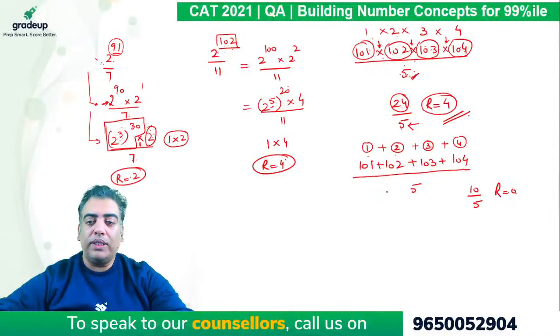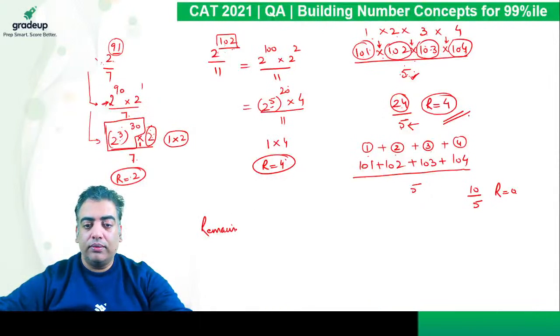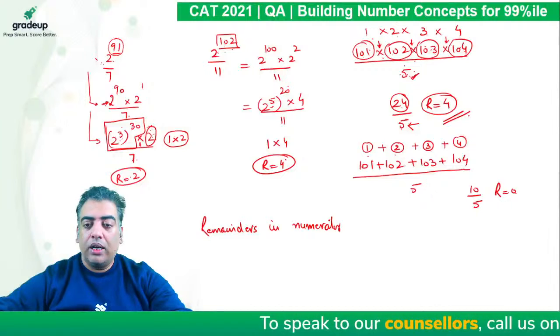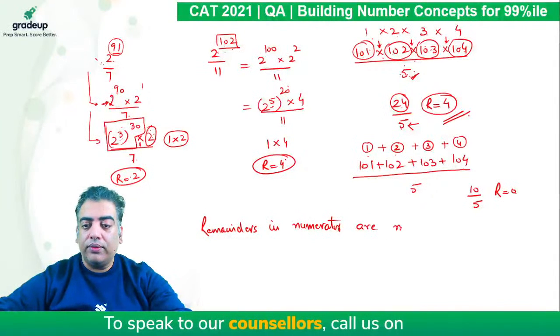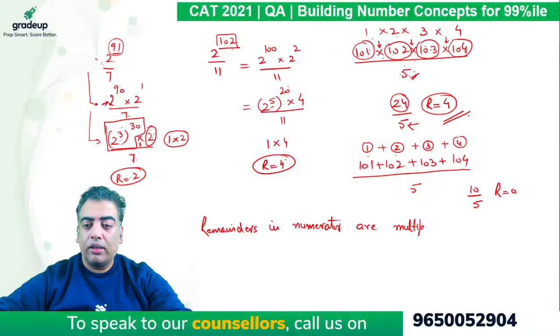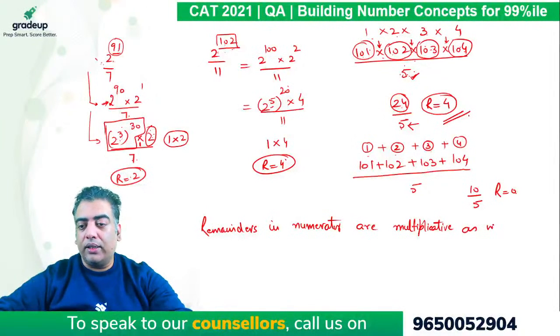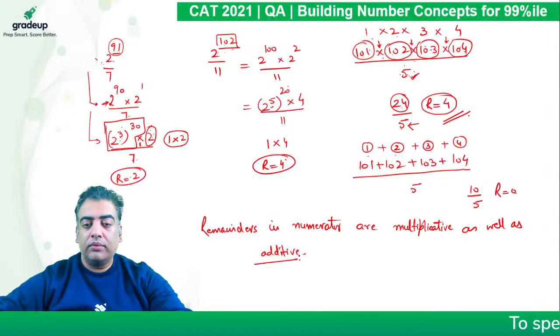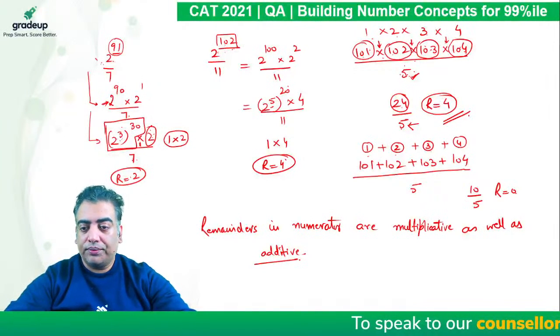So please always keep in mind that remainders in the numerator are multiplicative as well as additive. I hope this is clear.